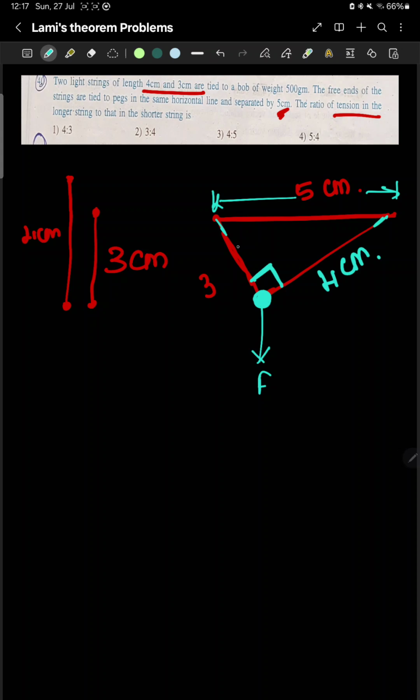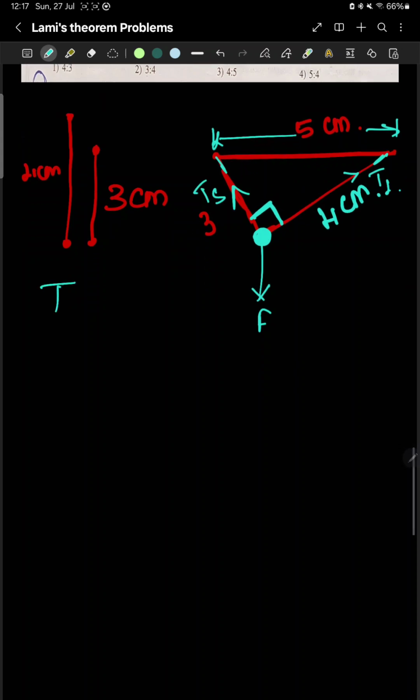So we can name the tension of the shorter string as TS and the tension of the longer string as TL. In this question, they are asking to find the ratio of the longer string tension to the shorter string tension. This is what we have to calculate. This is done using Lami's theorem.